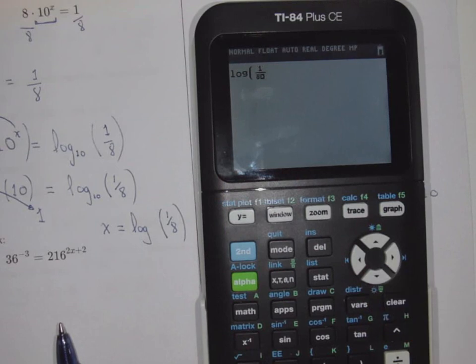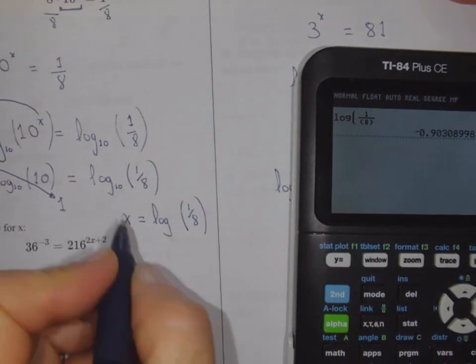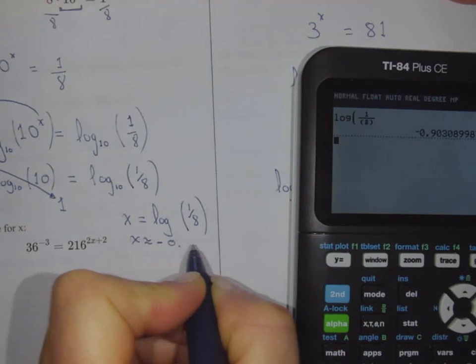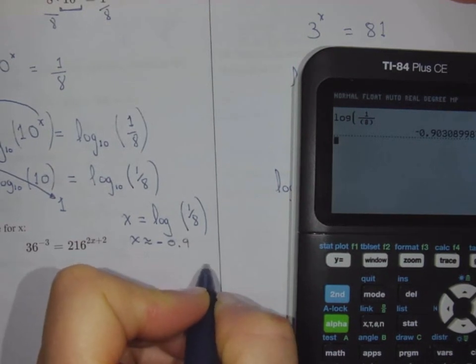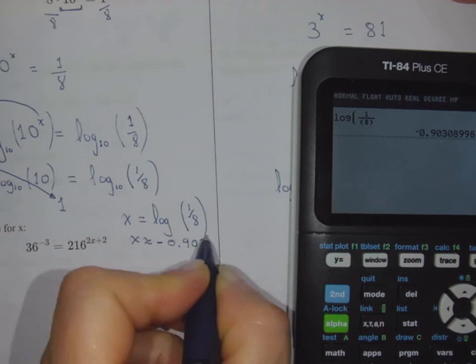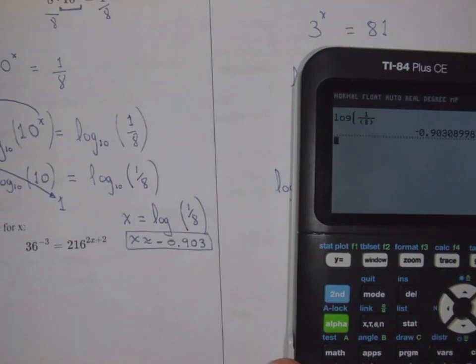So 1 down 8, close your parentheses. And see, it gives you a decimal approximation, right? So that will be about negative 0.903. Always 3 digits of accuracy after the decimal.